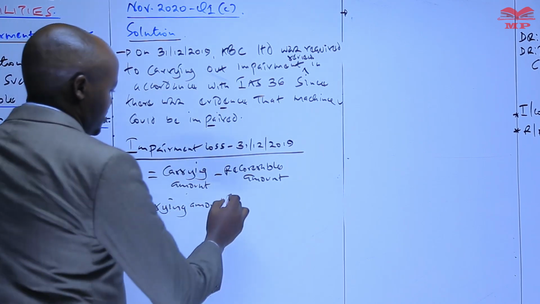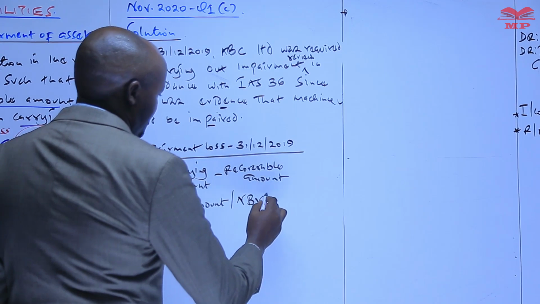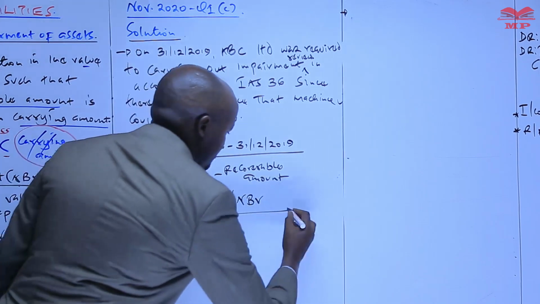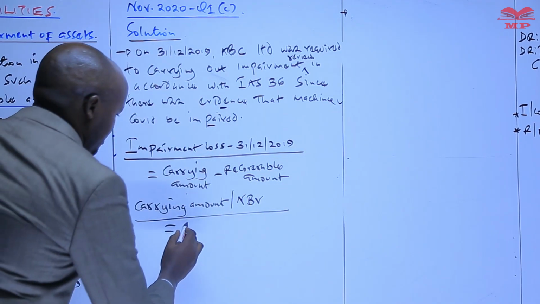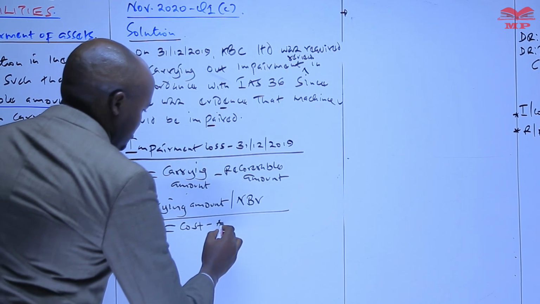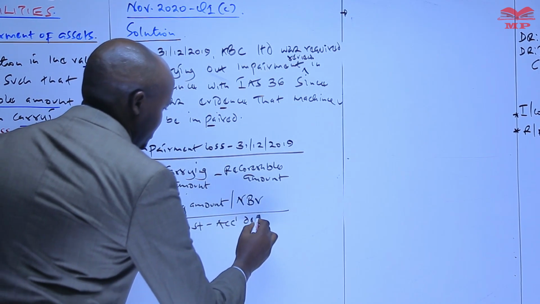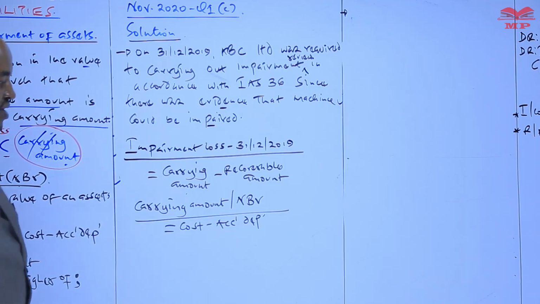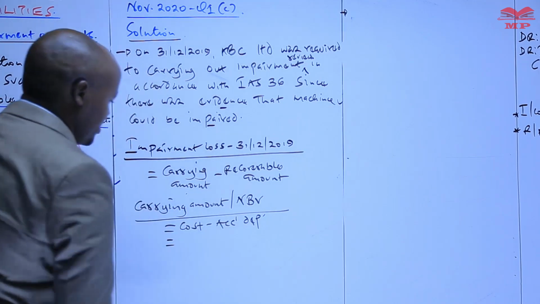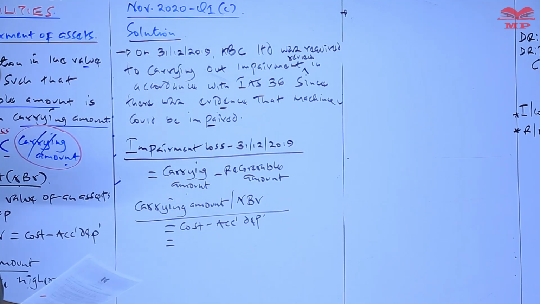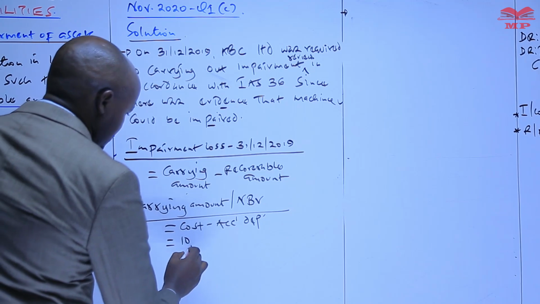Carrying amount, the same as the asset net book value, is equal to the cost minus the accumulated depreciation. This information is given to us in paragraph 1. We are told that the cost of this machine was 10 million.